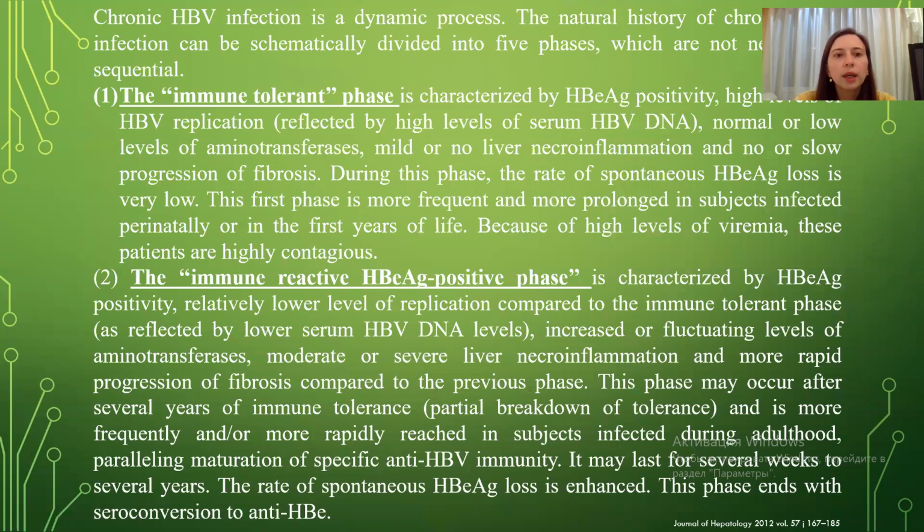And chronic HBV infection is a dynamic process. The natural history of chronic HBV infection can be schematically divided into 5 phases, which are not necessarily sequential. First, the immune tolerant phase. Second, the immune reactive HBe antigen positive phase.